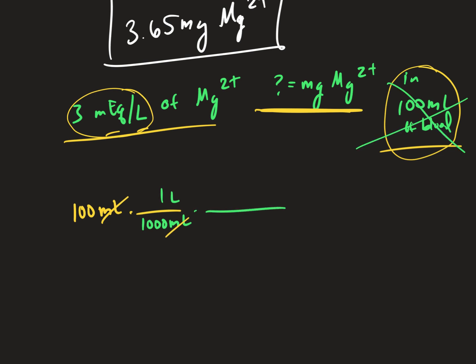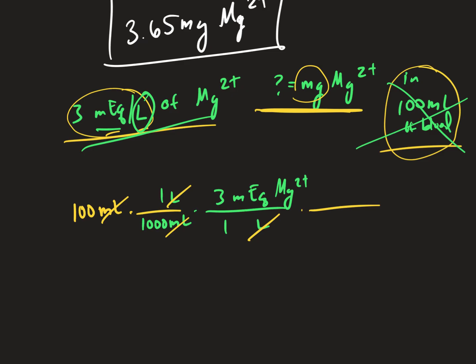We use that one. We're not going to use that one anymore. Can we use this one yet? 1 liter is equal to 3 milliequivalents of magnesium. You with me? So liters goes away. Hold on a sec.